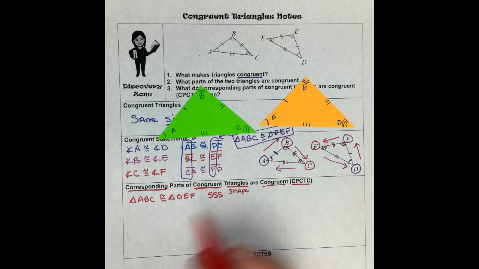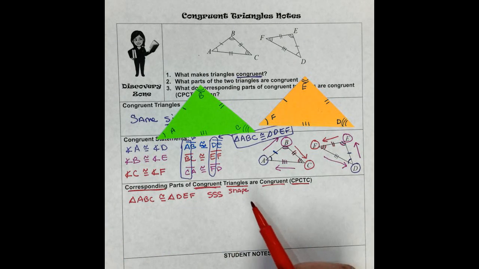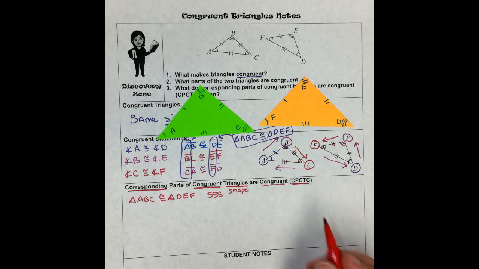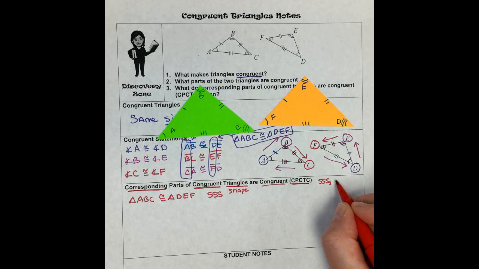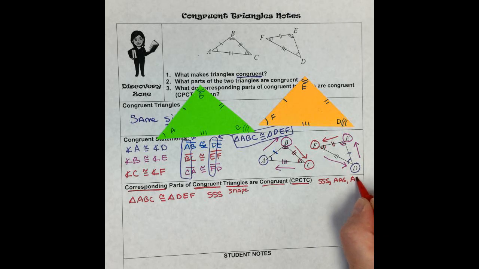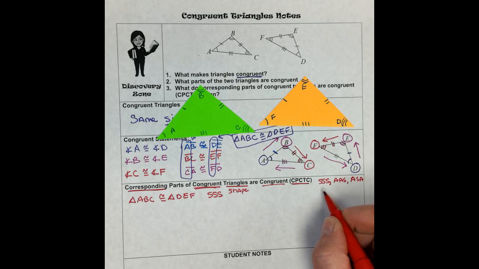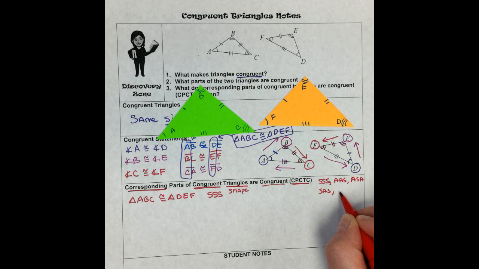Because remember, I have to prove a triangle is congruent using either side, side, side, angle, angle, side, angle, side, angle, or hypotenuse leg.